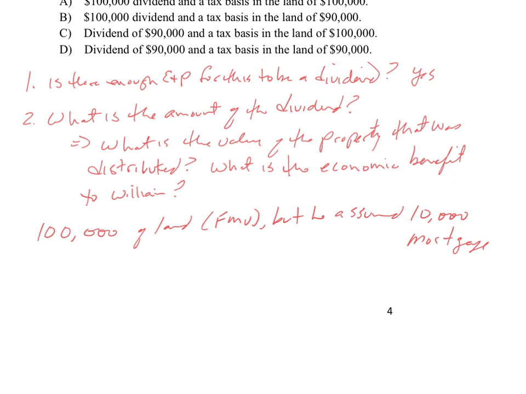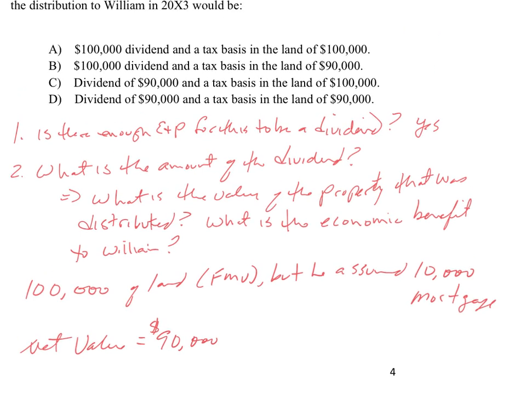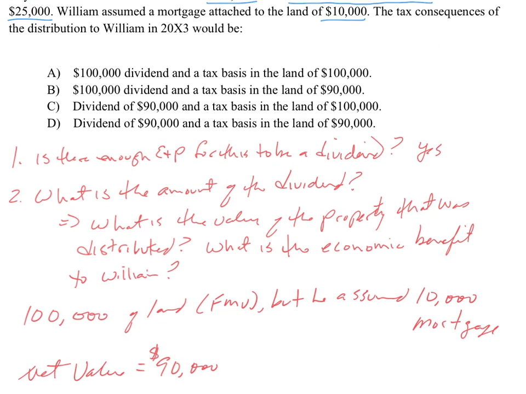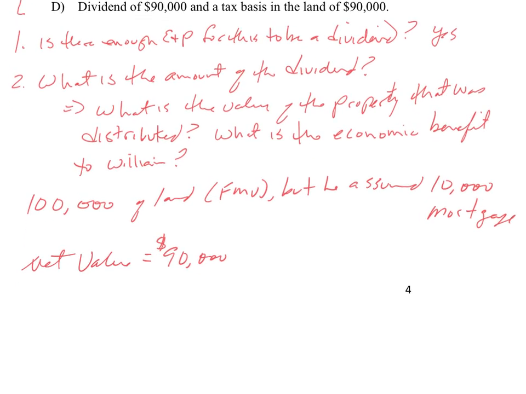So what's the net value of those? The net value is $90,000. Okay, so based on that, we know he gets a dividend of $90,000, so we can narrow down to either C or D.